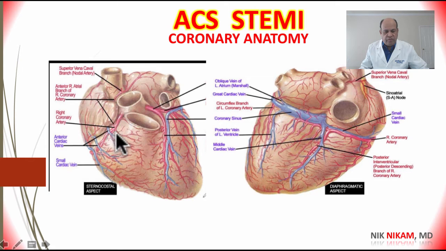Thus, an occlusion of the right coronary artery can result in an inferior and infraseptal myocardial infarction. It can also result in right ventricular infarction if the proximal segment of the right coronary artery is involved in an occlusion.